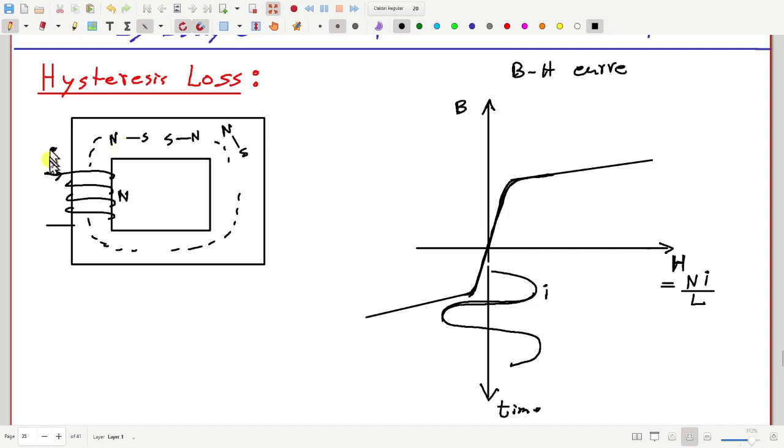If I change this current suddenly, the tiny magnets cannot reorient themselves instantaneously. They need some time to reorient. So therefore, what happens actually, this graph will look like this.